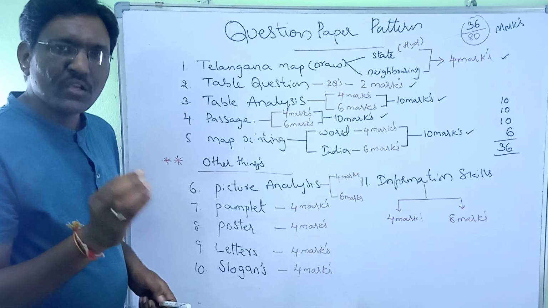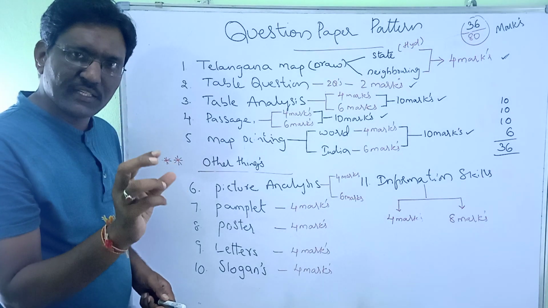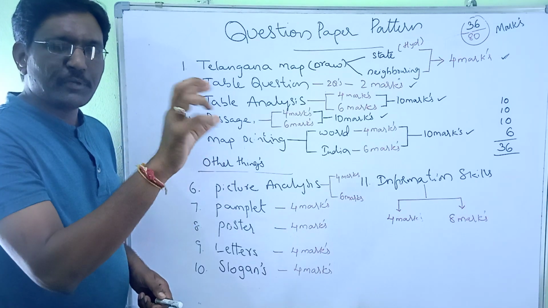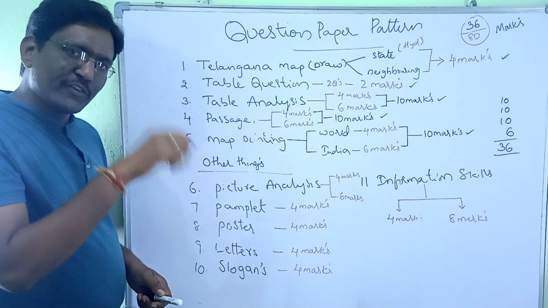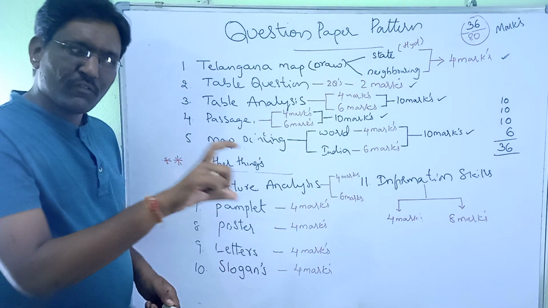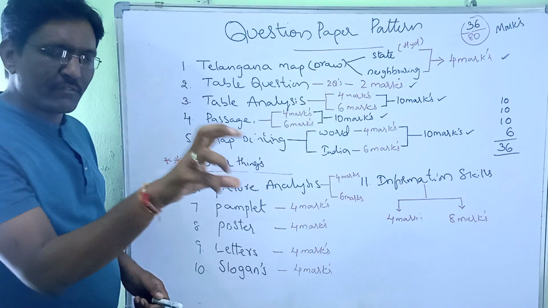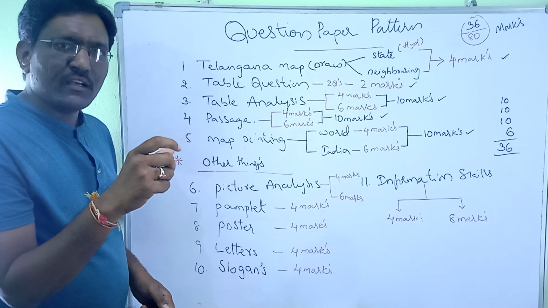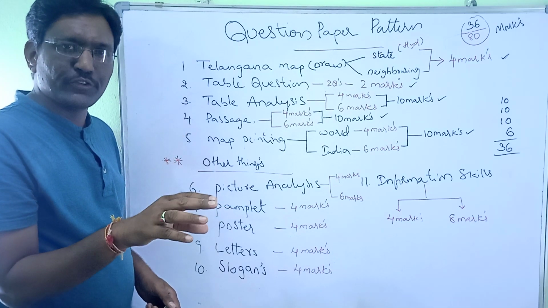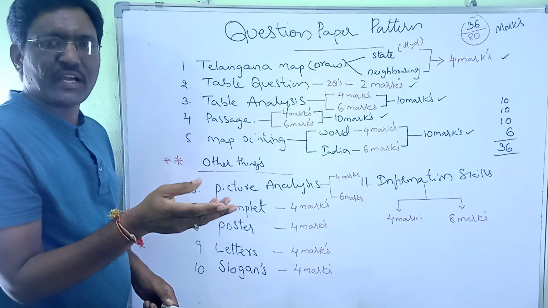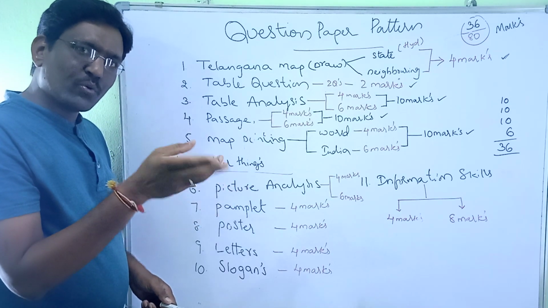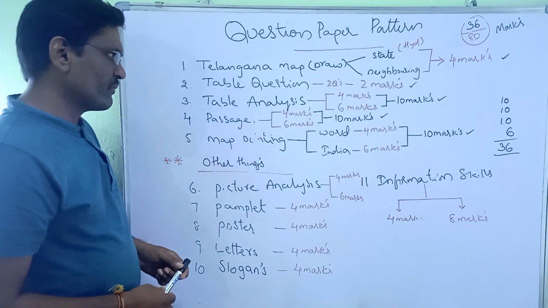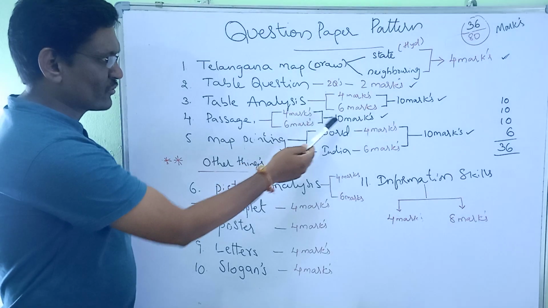From a particular lesson, a particular topic, they will pick up a passage that has been mentioned in the last paragraph, and they will put it in your question paper, so that the children get confused and write some kind of answer. How to answer these types of passage-related questions, I'll definitely explain in the video also, right? 4 marks and 6 marks, totally 10 marks are allotted.